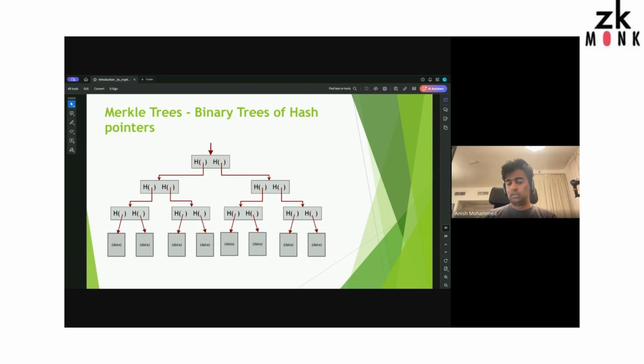So depending on however many leaves you have, if it's a binary tree, it's 2 to the power n, and you know what the n is.